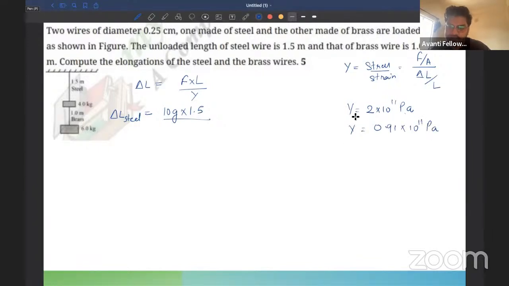Okay, so this is steel, this is brass. I'll close it. So these are the two data that were missing, right?